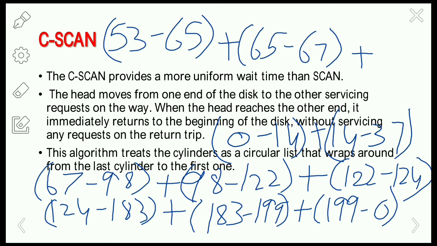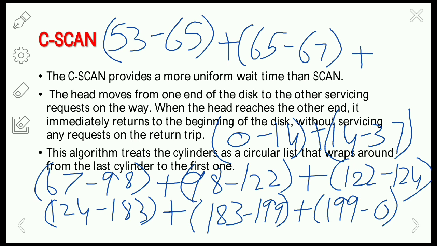In this example we see that the head moves from cylinder 183 to the end unnecessarily because there are no requests waiting. Similarly, the movement of the head from 0 to 14 is unnecessary. These movements of the head can be avoided, and this variation was brought in the C-look scheduling algorithm.